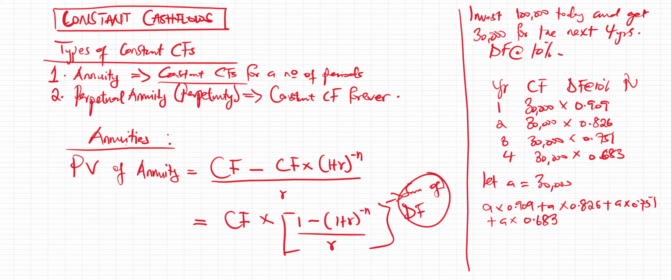What is the common factor amongst all of them? The 30,000, the A. So A comes out. You have 0.909 plus 0.826 plus 0.751 plus 0.683. What do you get if you sum it up?